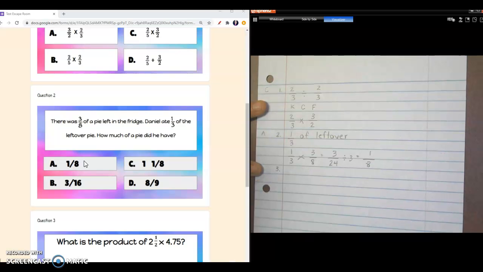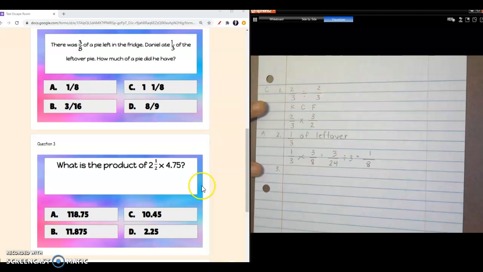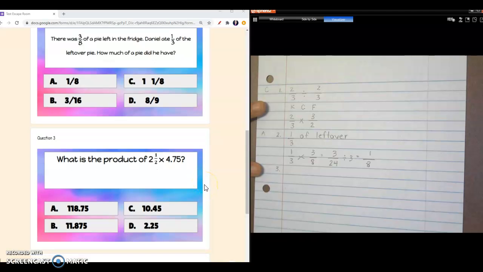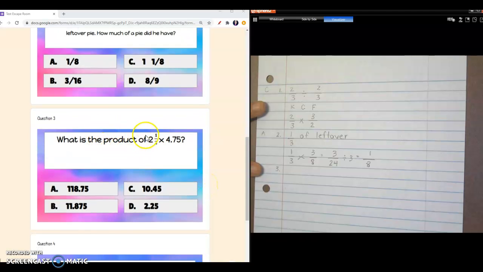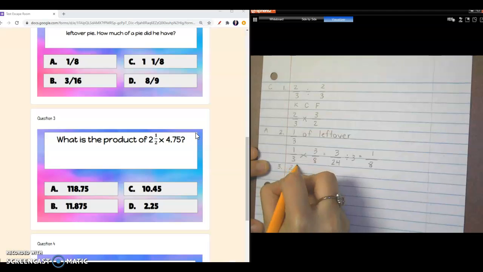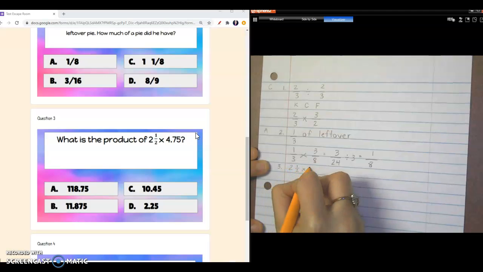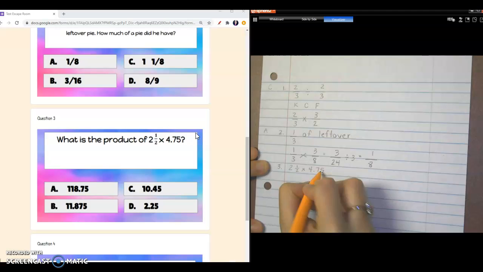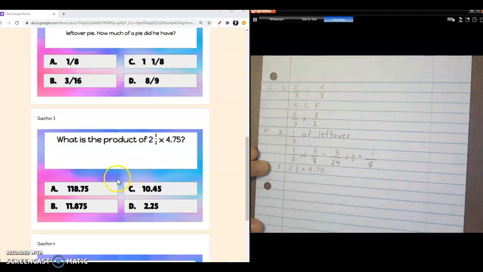Number 3. What is the product of 2.5 times 4.75? Remember, product is the answer to a multiplication problem. So in order to multiply 2.5 times 4.75, they need to look the same. Now, since my answers are in decimals, I'm going to change them to decimals so that I don't have to convert them at the end.